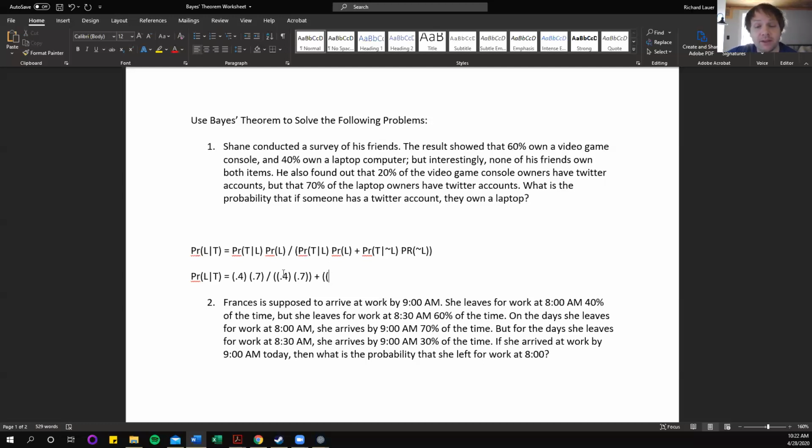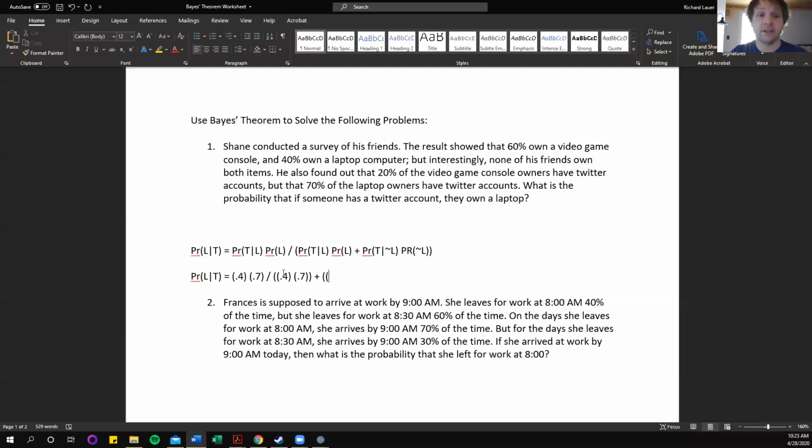Recall that the population that we're examining is Shane's friends, or the friends that Shane has surveyed. And in that population, you either own a laptop or a video game console. So in this case, to not own a laptop is just to own a video game console. Right. So as long as we can assume, based on the way the problem is stated, the population can be divided in that way, then we're perfectly fine.